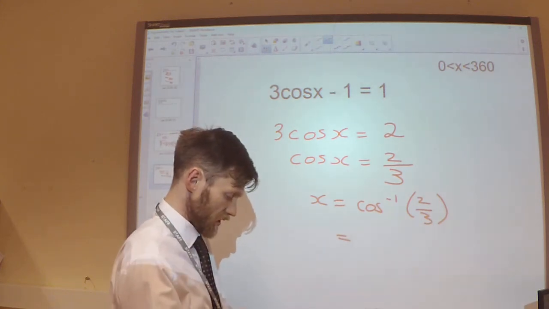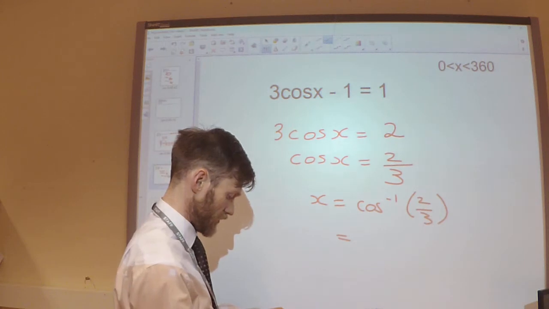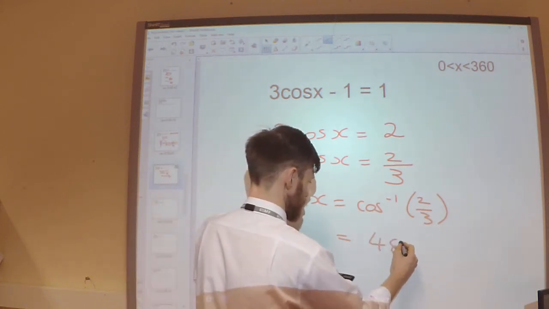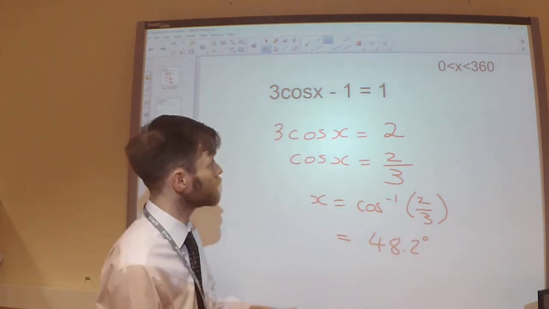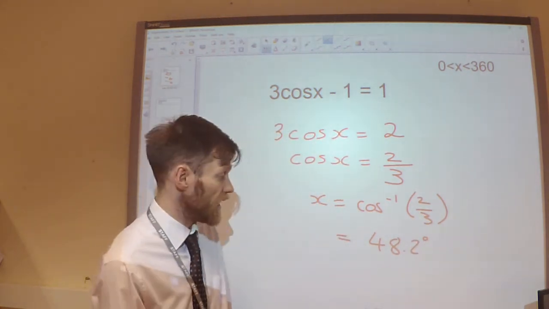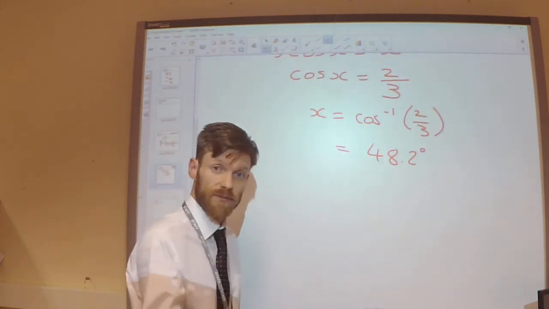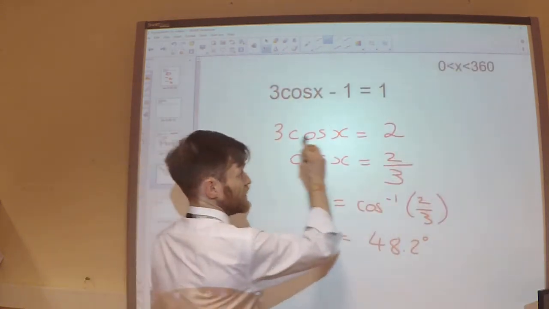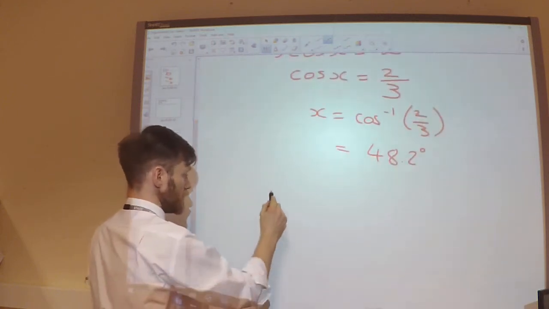So I'm going to type in cos inverse 2/3. And I get, to 1 decimal place, 48.2 degrees. I'm now going to draw the graph, so I need to find the other solution in the range of 0 to 360.